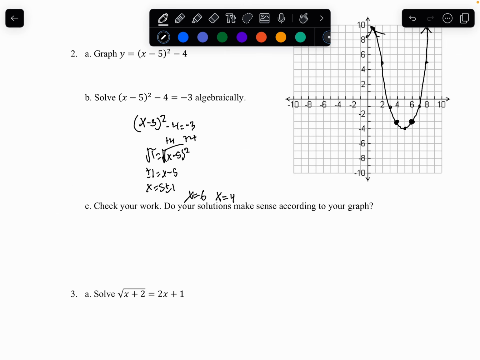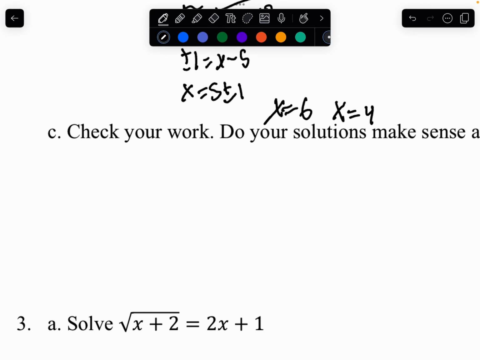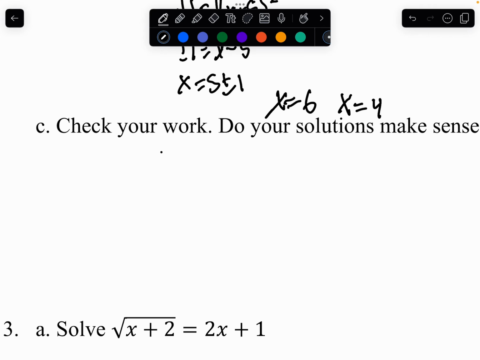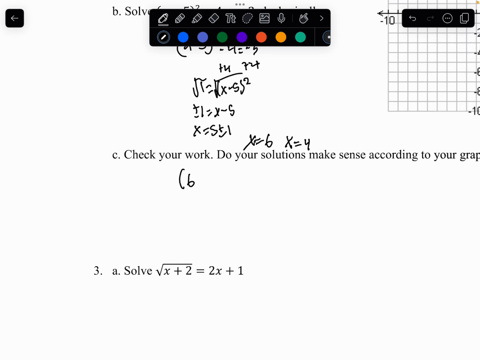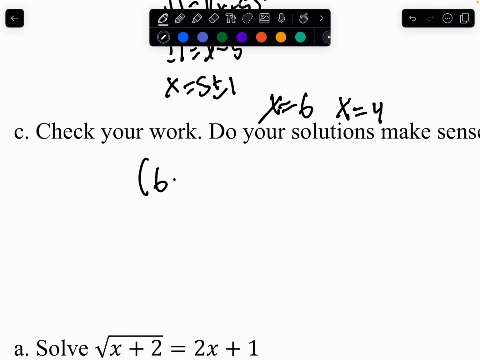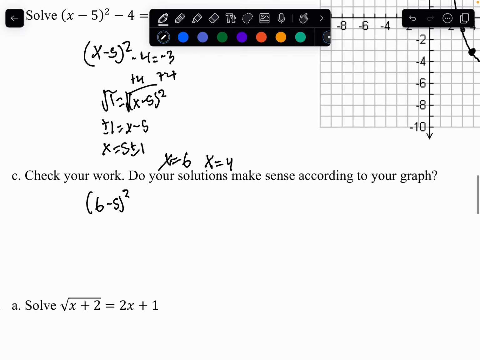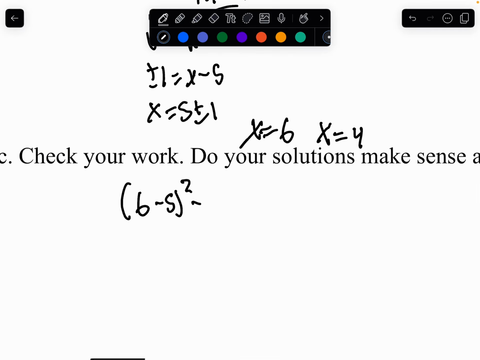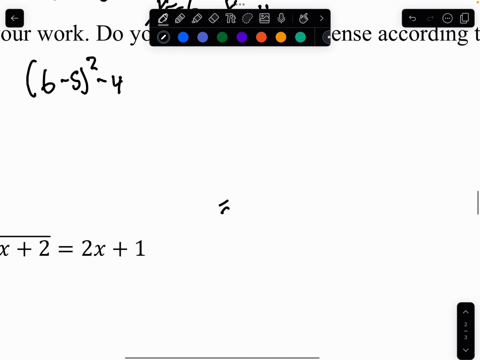Check your solutions. We'll put 6 minus 5, squared, minus 4 equals negative 3. See if this is true. Negative 3, sorry.